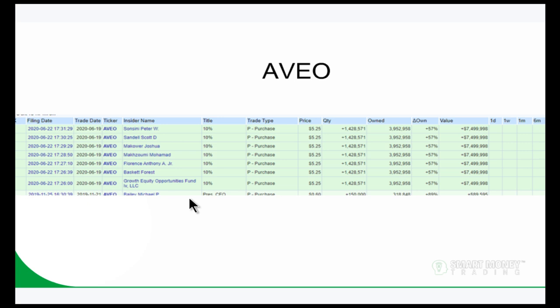Now let's go from the pattern. We've got a high probability daily pattern, high probability weekly pattern. Look at the insiders. What are the insiders doing? We have the 10% owners, right? 7 10% owners buying 57% more each for over $7.5 million.